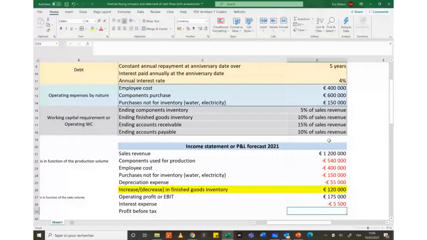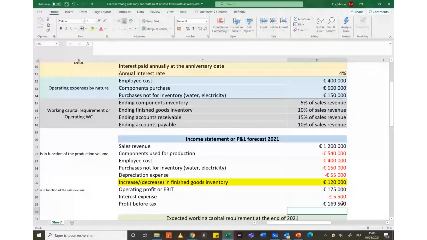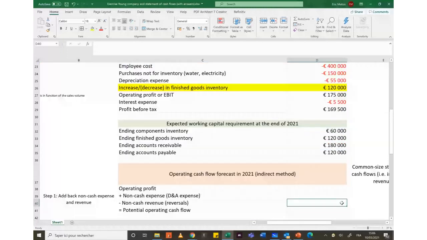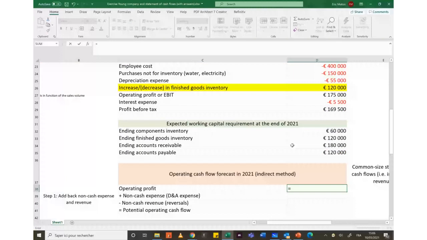So 5,500. So the profit before tax, the sum of the two, is 169,500.